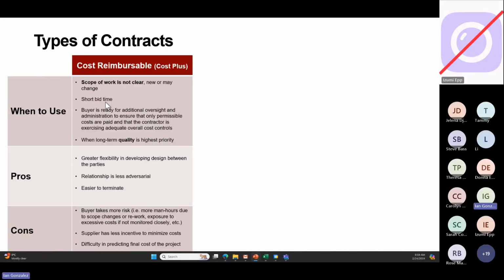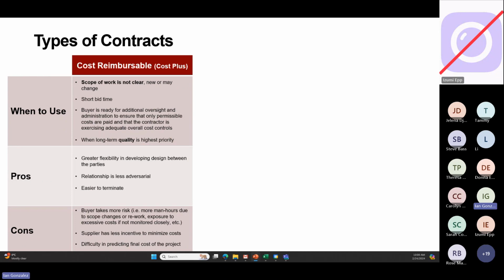Or if you're in a hurry, short bid time, you really need to get it done in 3 months, even though you know it may potentially take longer than that. In shortened time, you have no choice but to use cost reimbursable. Also use cost reimbursable when the buyer is ready for additional oversight and administration to ensure that only permissible costs are paid and the contract is exercising adequate overall cost controls.